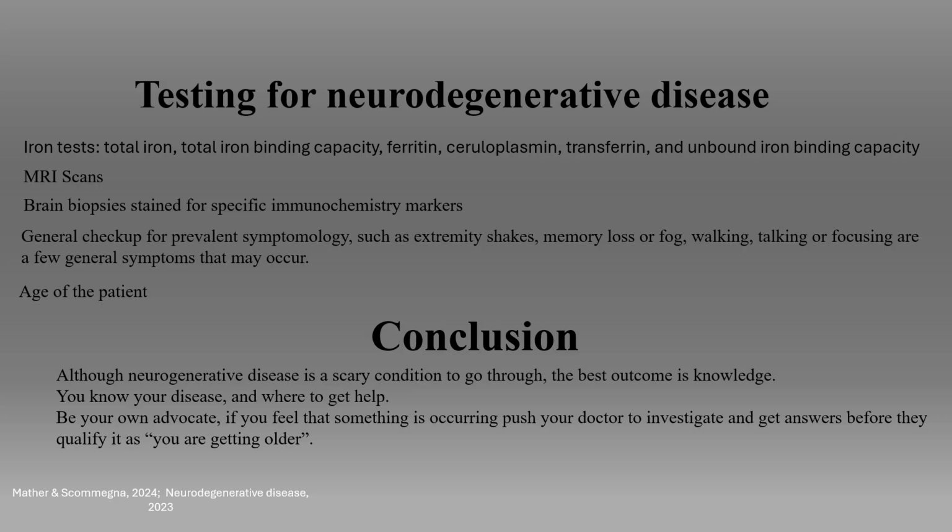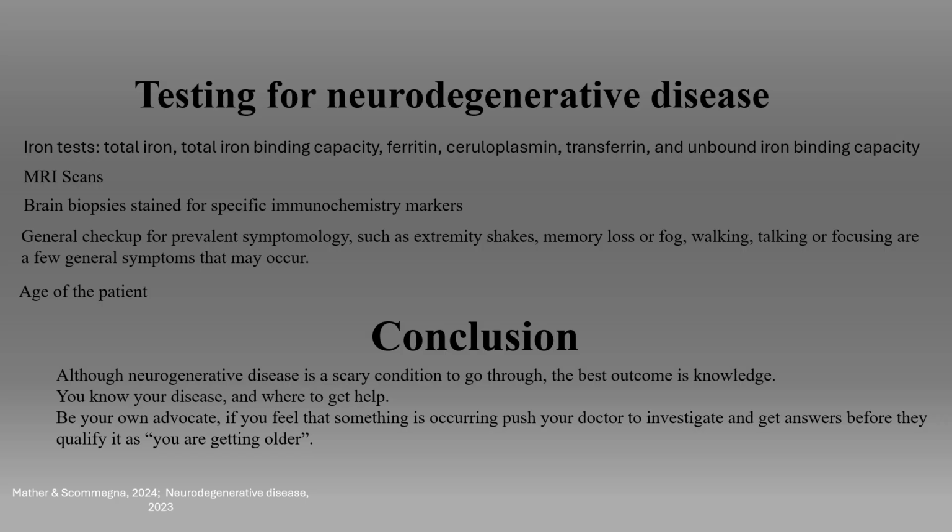Next, there might be some brain biopsies, and these will be stained for specific immunochemistry markers. For example, there might be a stain that will be looking for hemosiderin, which is a breakdown of iron, and show that there is an abundance of iron, which is an iron overload issue.